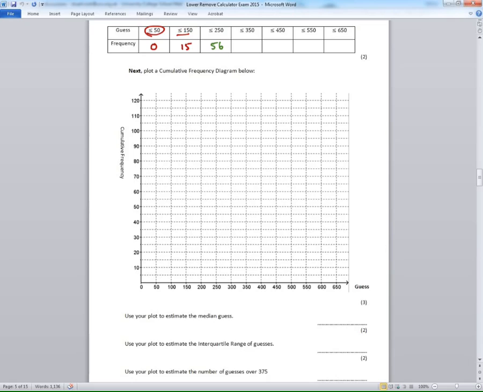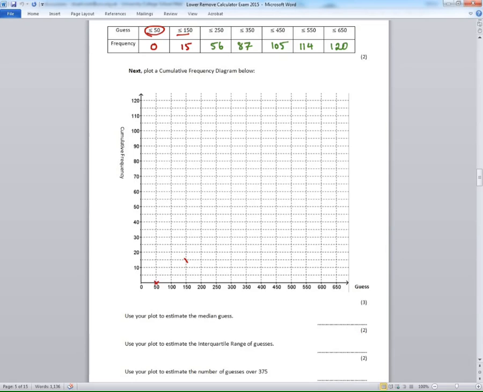Well, this is accumulating. This is the cumulative frequency. So 56 people guessed less than or equal to 250 jelly beans. Carrying on, 87 people guessed less than 350, 105 less than 450, 114 less than 550, and 120 people guessed less than 650. Now we're going to plot these upper bounds with the value.